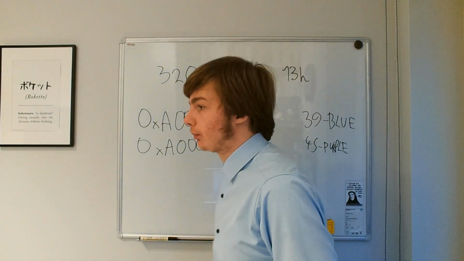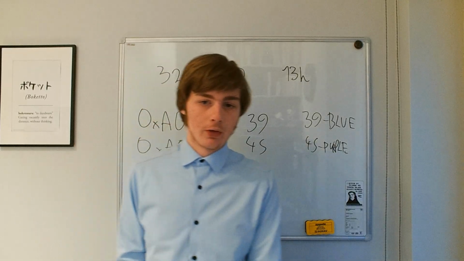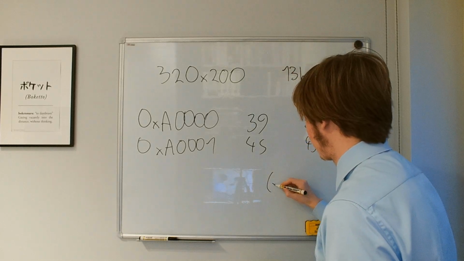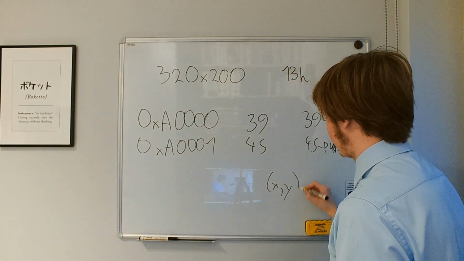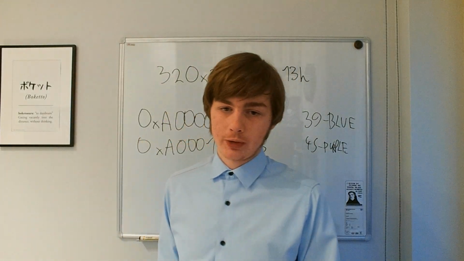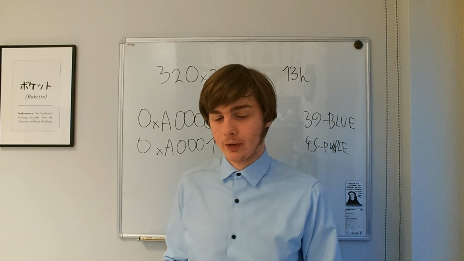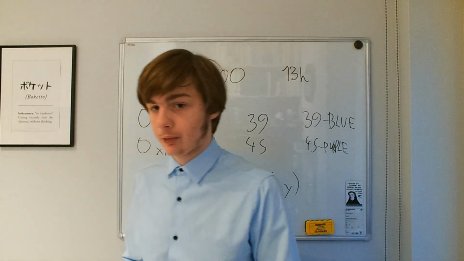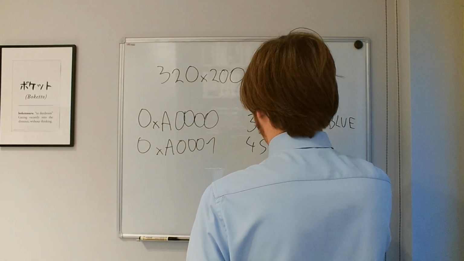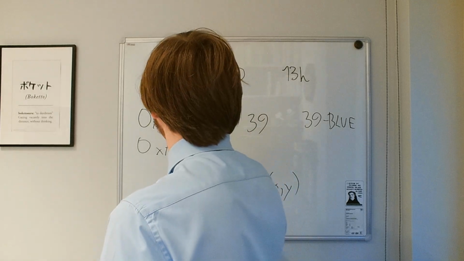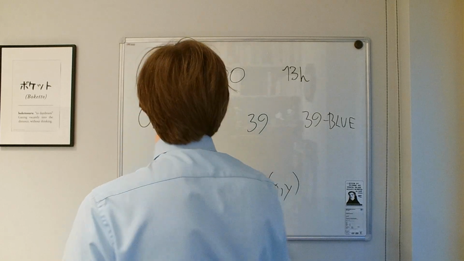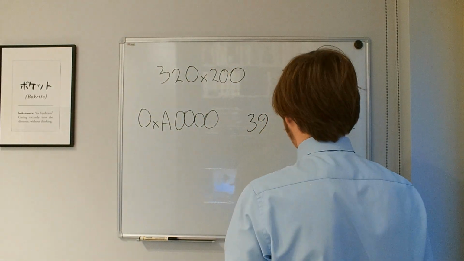If you want to place a pixel of a given color at a given position XY, the formula is pretty much the same for every linear frame buffer, except we will have to take into account something called bits per pixel. But for now, we will assume that we have 1 byte per pixel, like here.